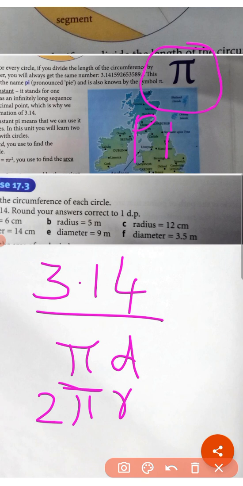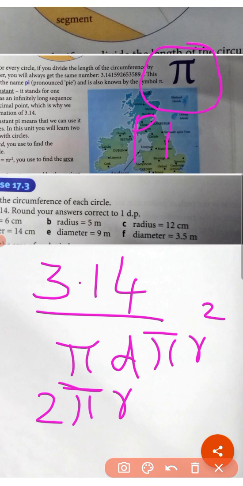And we can use the formula pi r square to find the area of a circle.